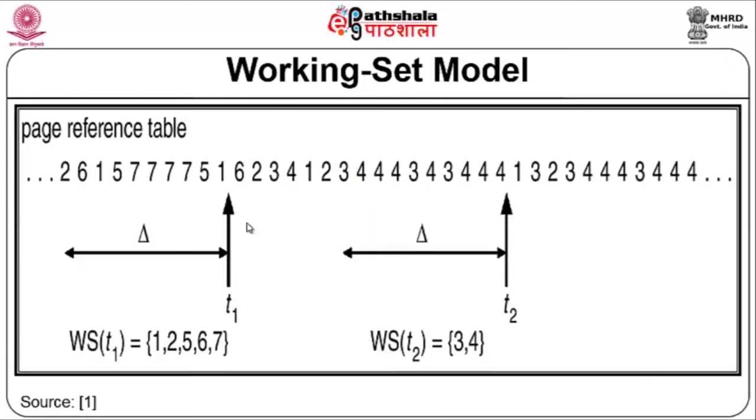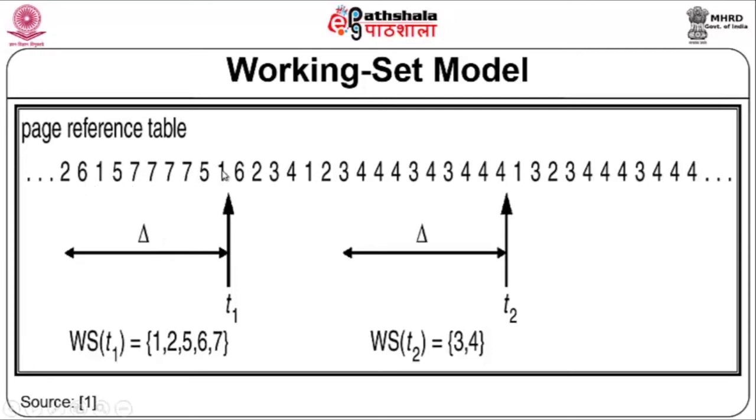So, look at this example. This is the sequence of page references that have been made, for a particular process: reference to page number 2, 6, 1, and so on. At time t1, the value of delta is taken as 10.